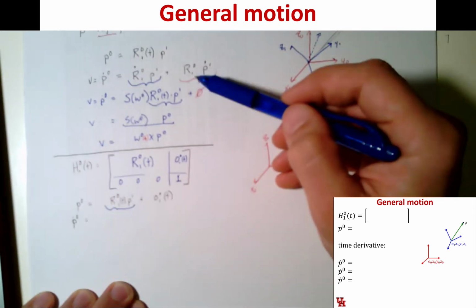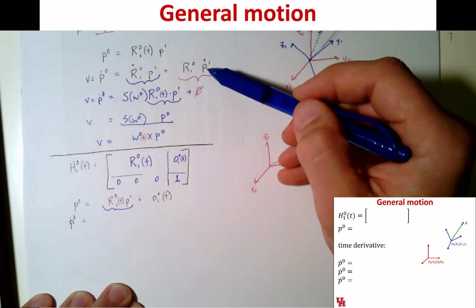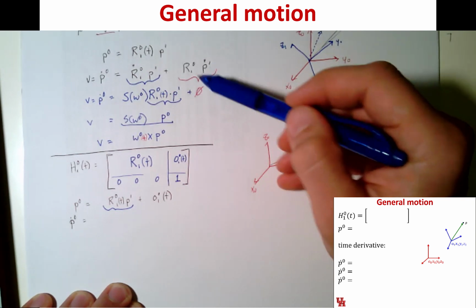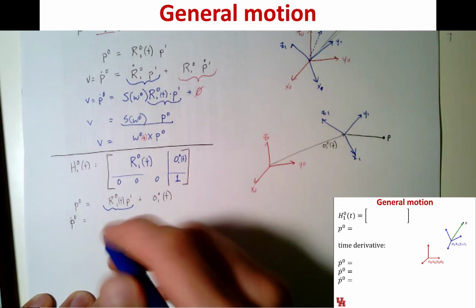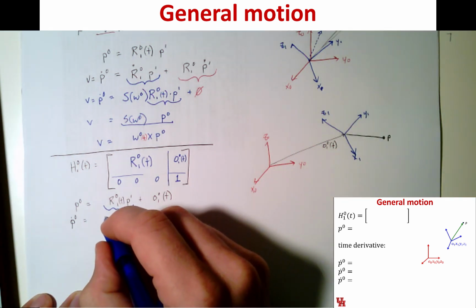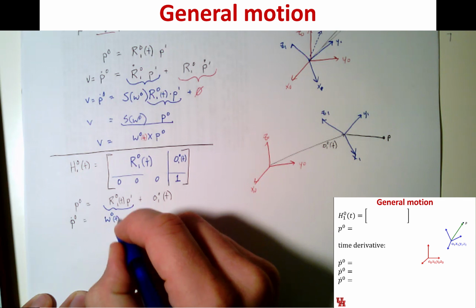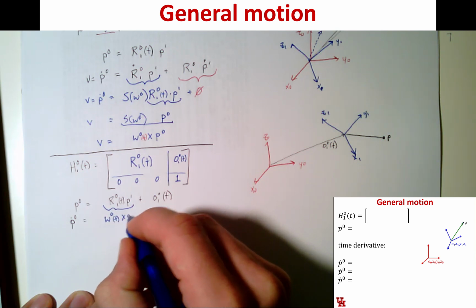I also have this other term, which is R1 in frame 0 times P dot in frame 1, but that is 0 because this is rigidly attached to frame 1. So this entire term here is going to be just omega naught, function of t, cross P0.